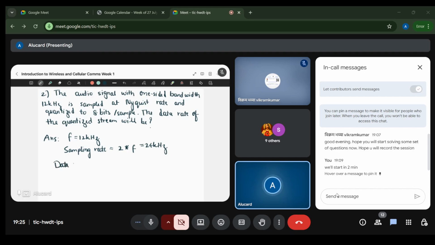So the data rate is the number of bits per sample into number of samples per second.